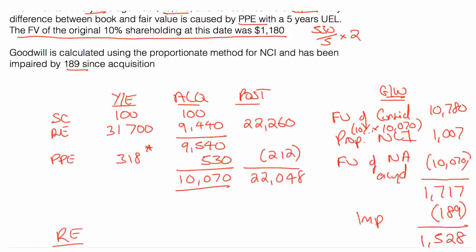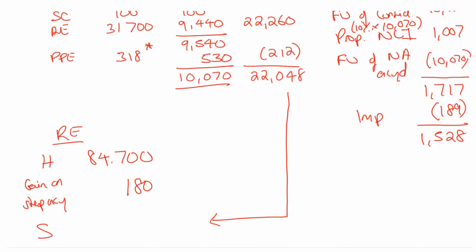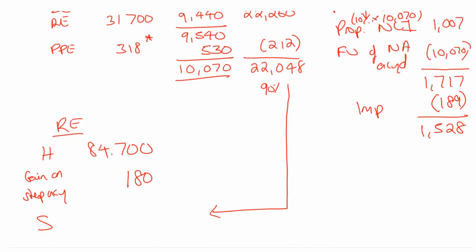That's the double entry. So that's good then. Then I want my share of S. So it's my share of that 22,048. I own 90%, so 22,048 times by 90% gives me 19,843.2.